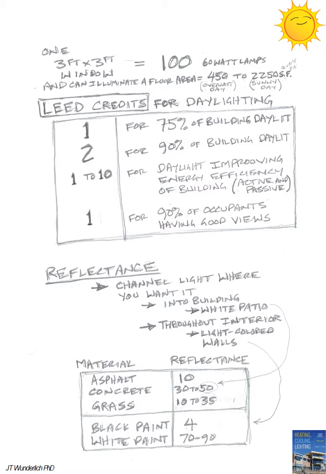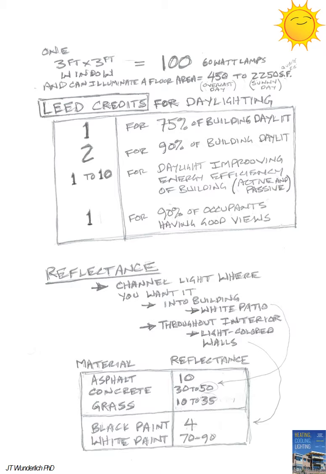Now, some details here. So, LEED credits. We're speaking of Leadership in Energy and Environmental Design certifications for buildings to get platinum, gold, silver. You get 1 credit for 75% of the building having natural daylight, 2 if 90%. 1 to 10 for daylight improving energy efficiency.